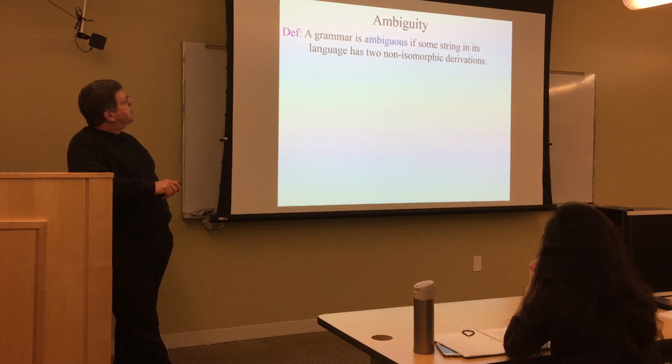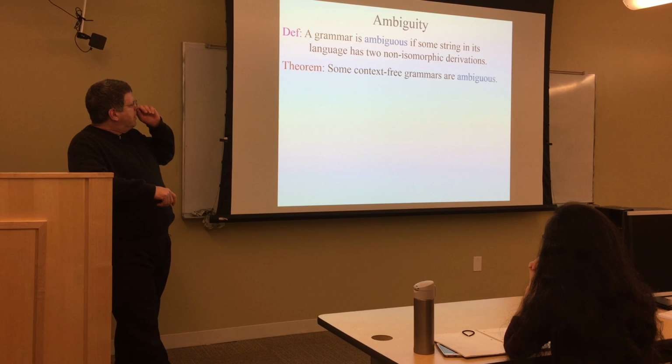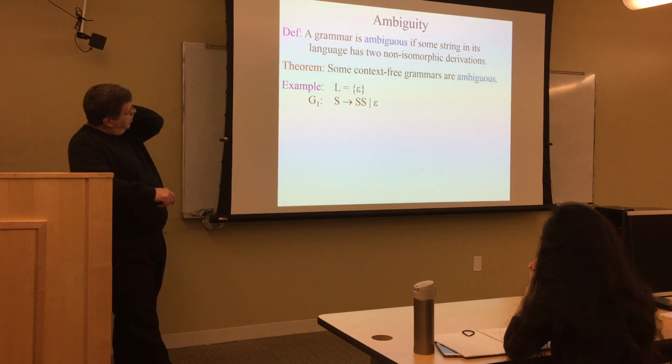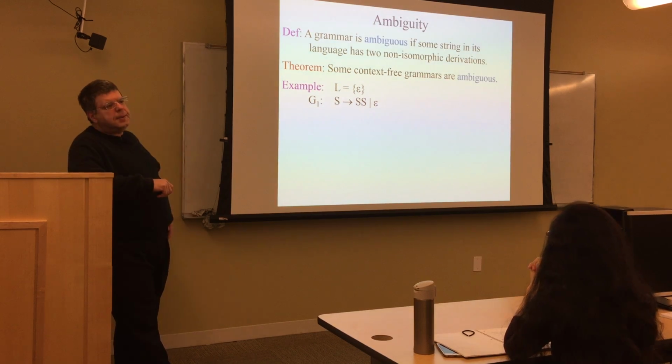So a grammar is ambiguous if some string in it has two different derivations inside the grammar, right? So some context-free grammars are ambiguous. So for example, take this grammar here. We've seen this grammar, actually, so this is a pretty straightforward, trivial grammar. S goes to SS or epsilon. What's the language of this grammar?